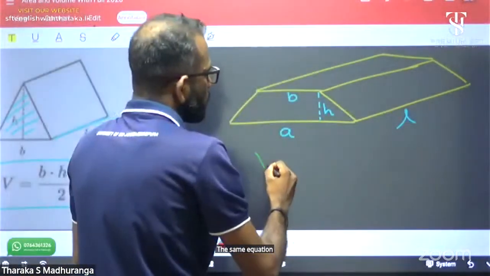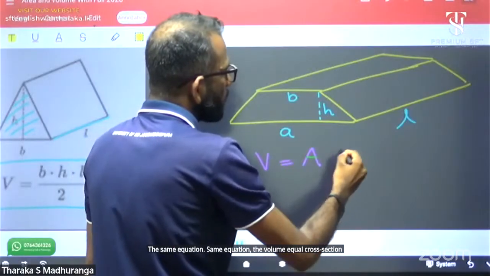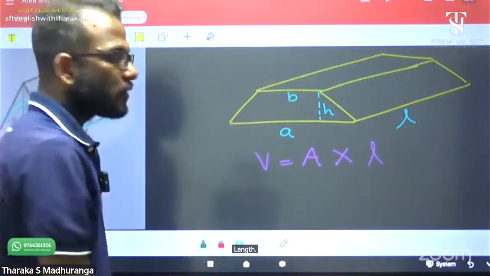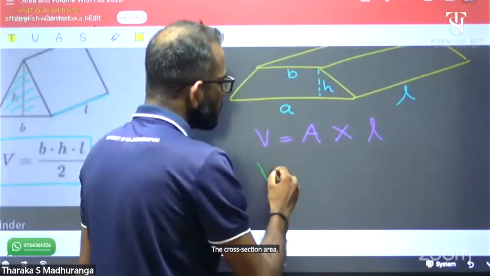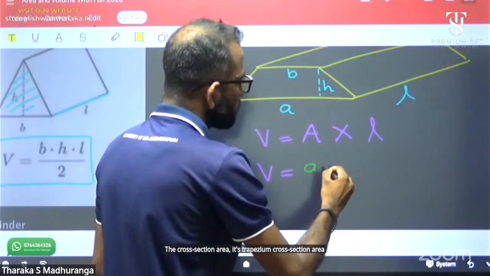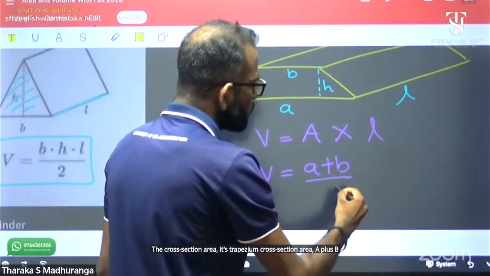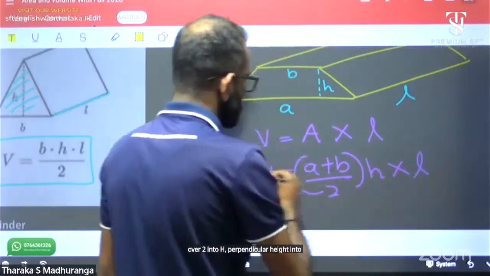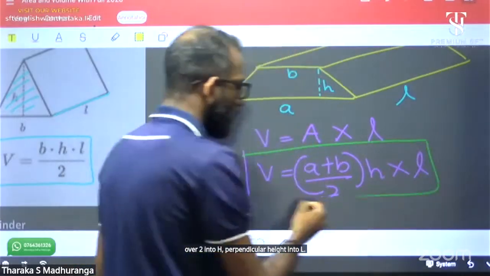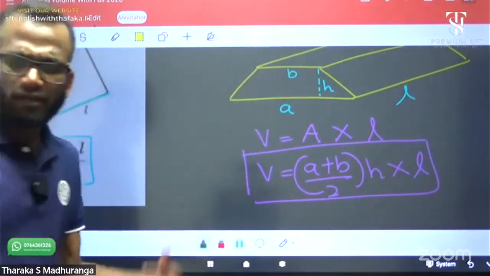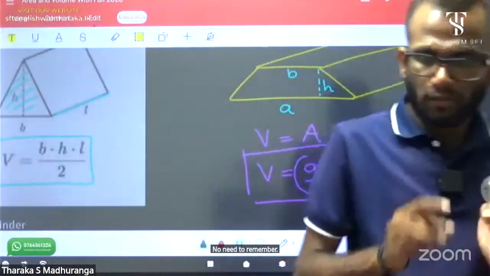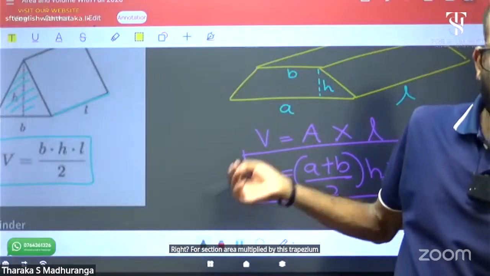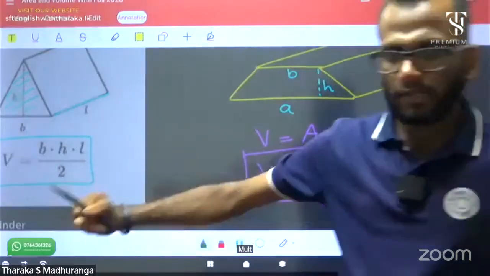The volume equals cross section area multiplied by length. The cross section area is the trapezium area, A plus B over 2 into H, the perpendicular height, into L. No need to remember that, right? Cross section area, using the trapezium equation you already know, multiplied by length, right?